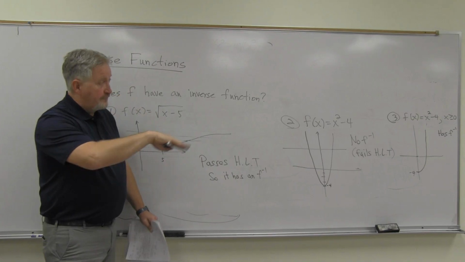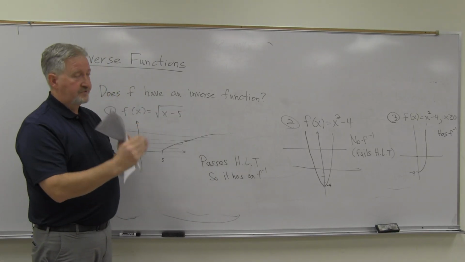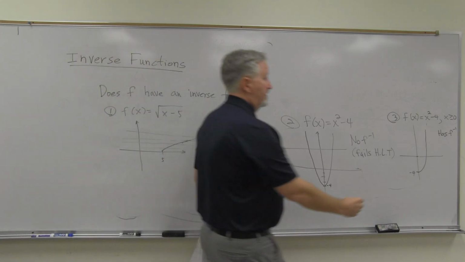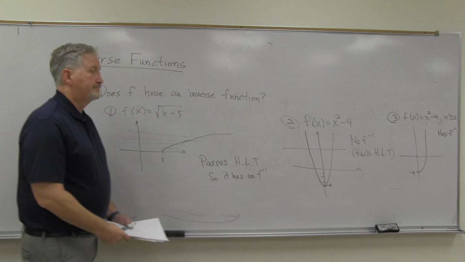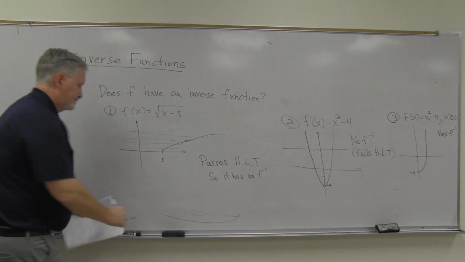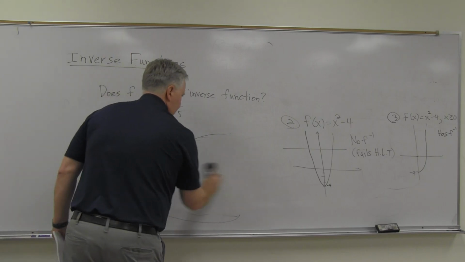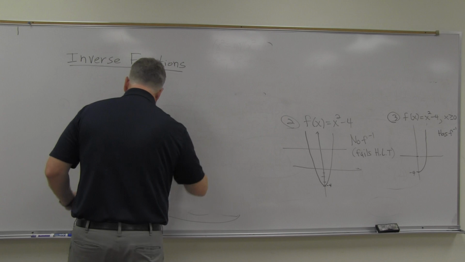If we have one that doesn't pass the horizontal line test, sometimes we just restrict the domain, the x values, and you get an f inverse out of it. Not for the full domain, but just for the part. So that's a quick little test on whether it has an inverse or not.